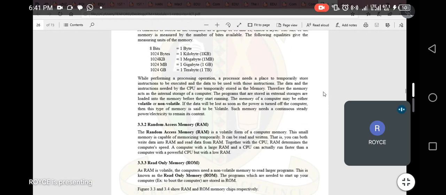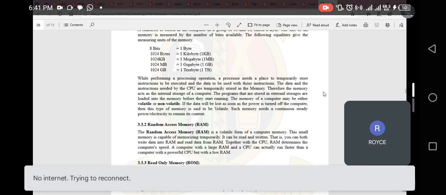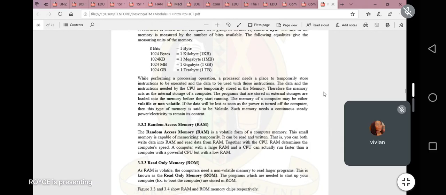Once this computer goes off, everything will go off, right? The class will disconnect, and when I switch it on again, I have to start afresh connecting. You understand what I mean by temporarily, right?